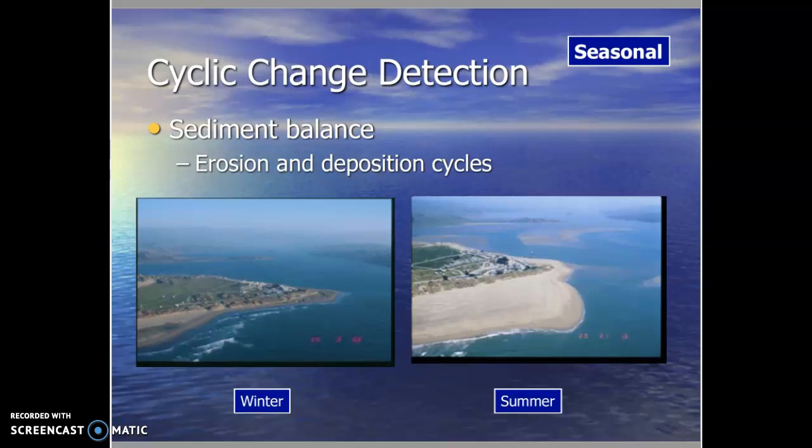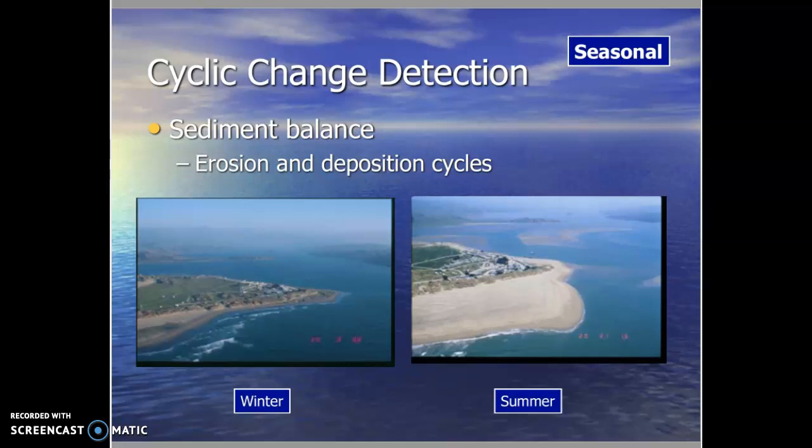So here is an example of cyclic change detection. This is a seasonal change that happens. This is in California actually, and what you're looking at from winter to summer is a major change in beach area.